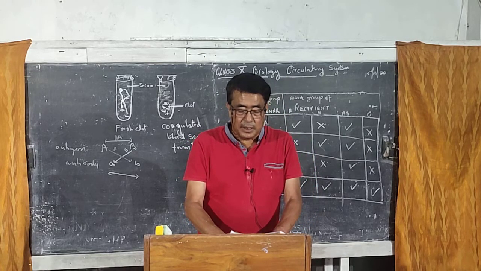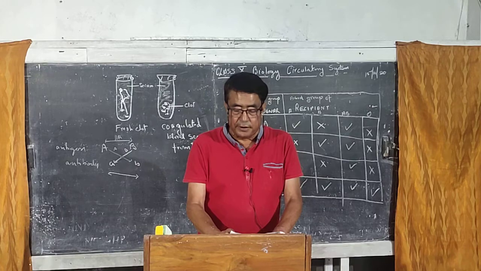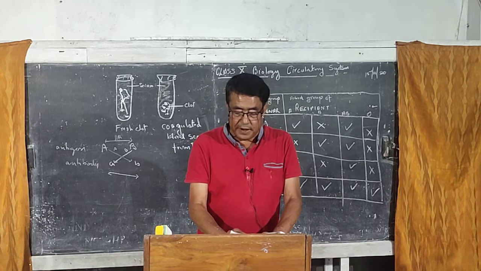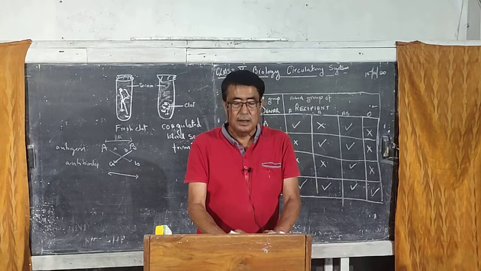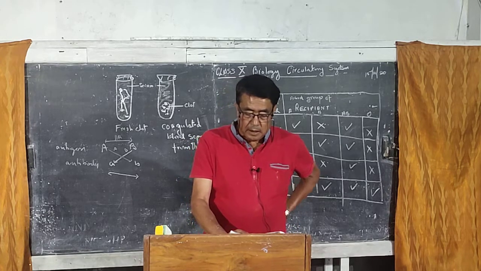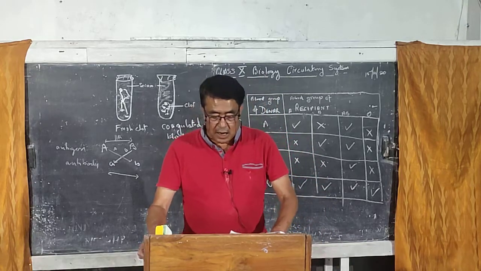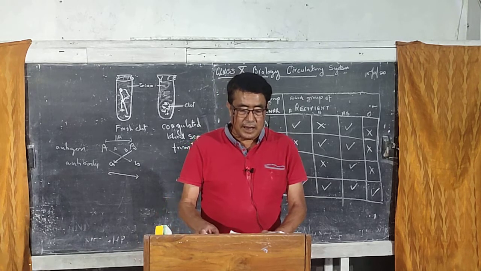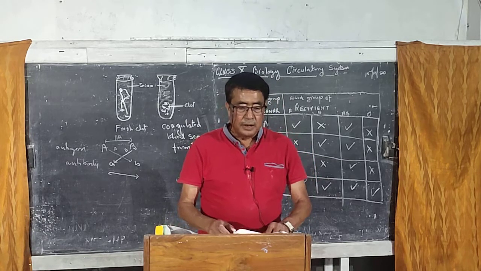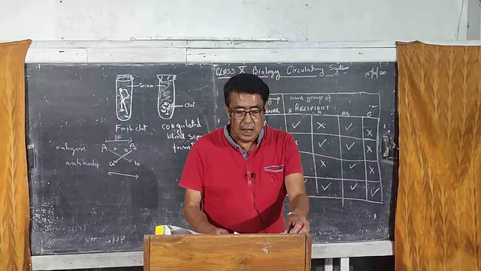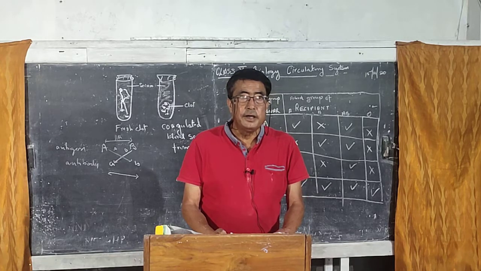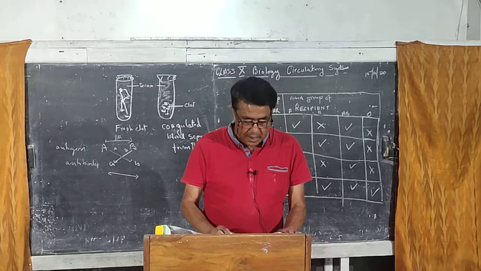Pulse, a rhythmical dilation of the artery caused by systolic action of the ventricles of the heart. Systole, the contracting phase of the heart muscles during which the blood is forced out from the heart. Diastole, the relaxing phase of the heart muscles when the auricles get filled with the blood.